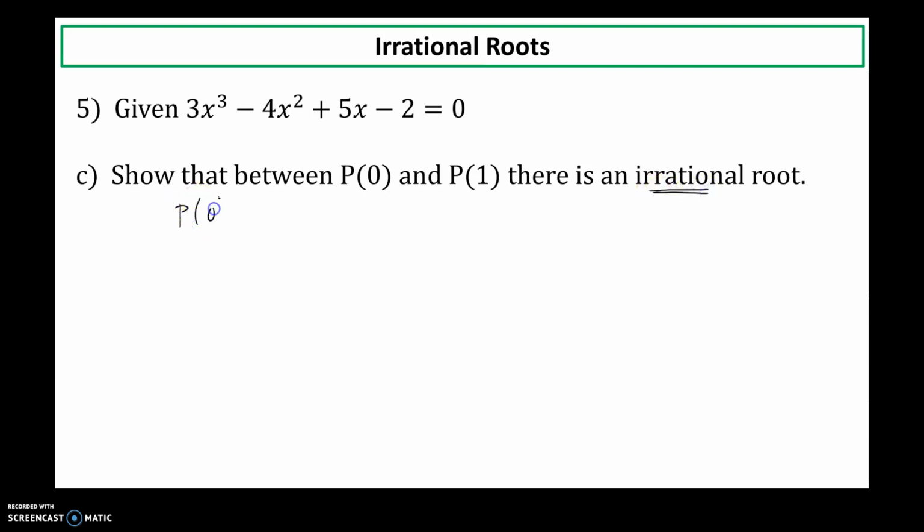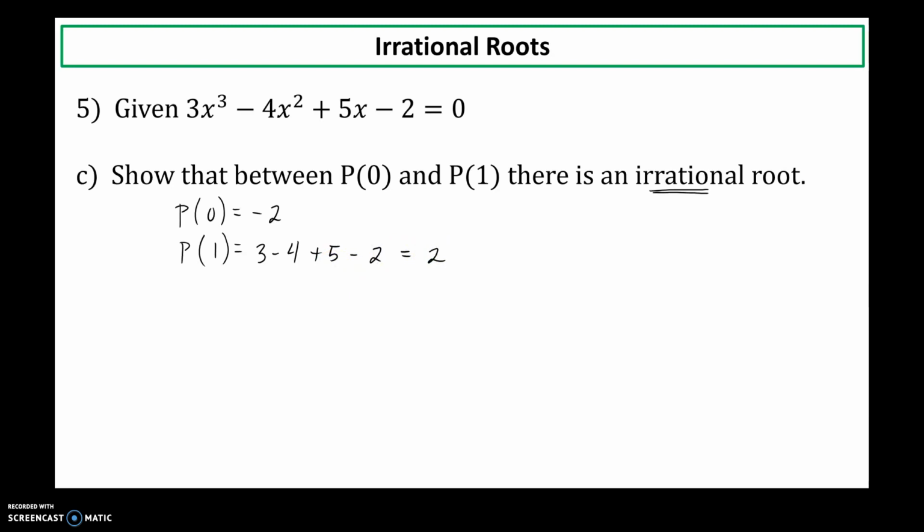So P of 0, if I plug 0 in for all my x's, I'm left with negative 2. If I plug 1 in for all of my x's, I have 3 minus 4 plus 5 and then minus 2. Negative 1 plus 5 is 4. 4 minus 2 is positive 2.